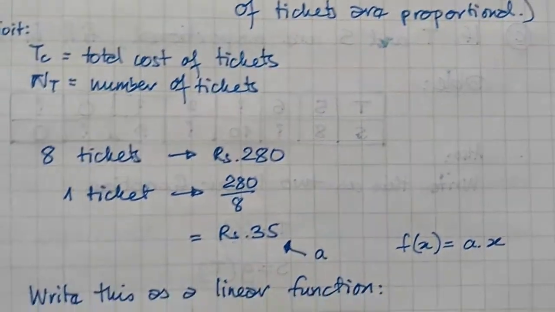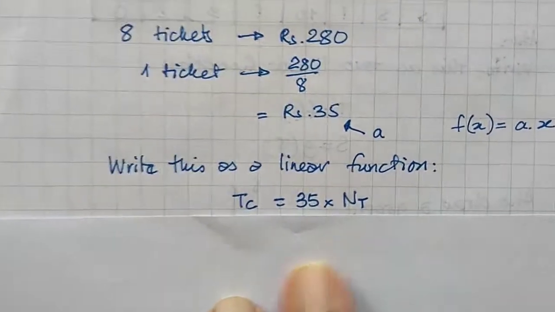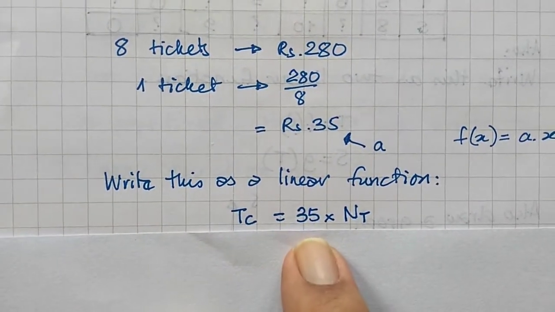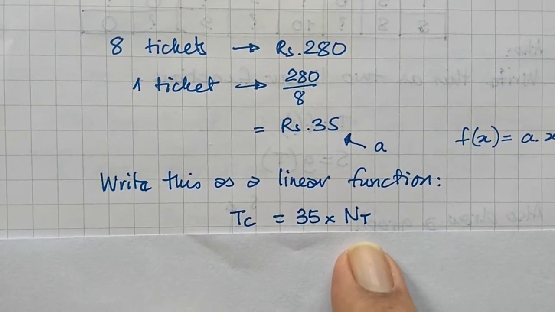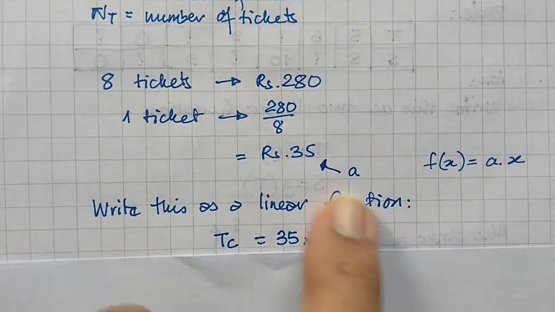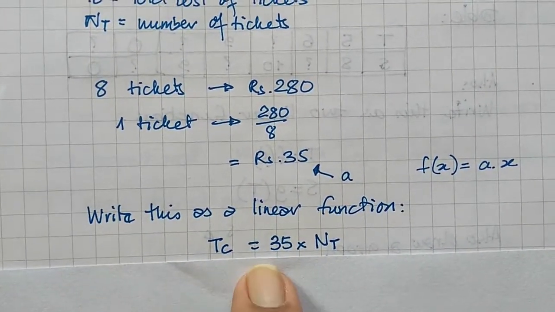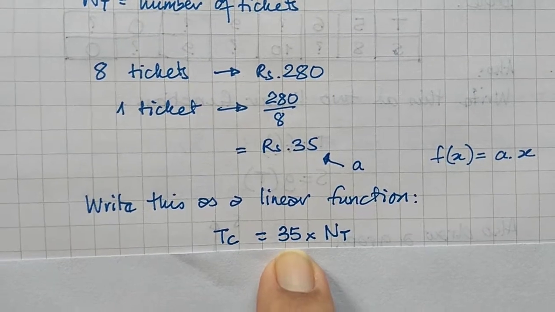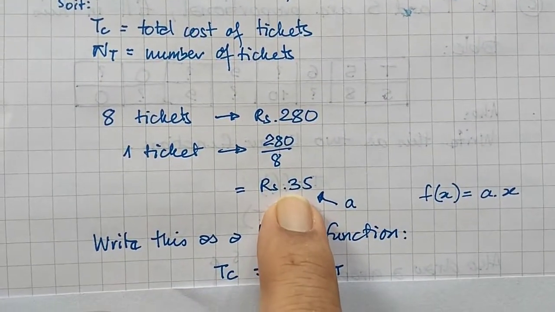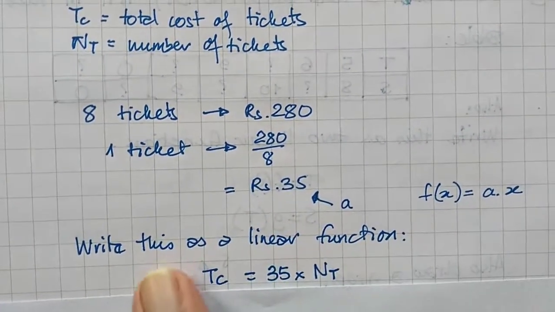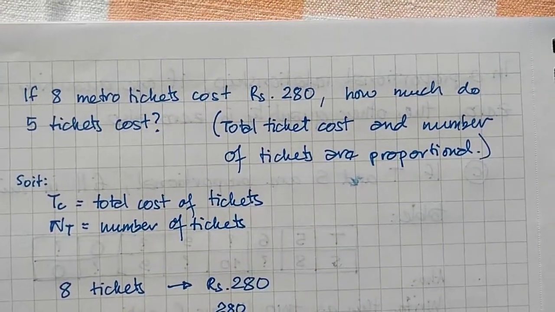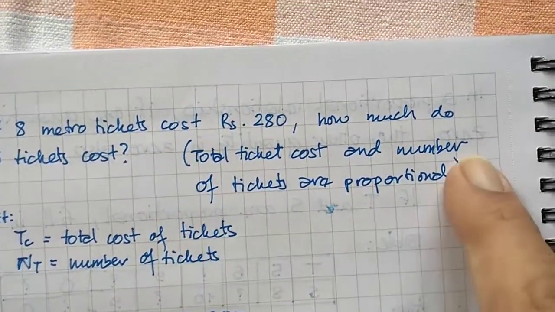If we write this as a linear function, it looks like that: TC = 35 times NT. This is very simple, very intuitive. Total cost is equal to number of tickets into 35 rupees because each ticket is 35 rupees. So this is a linear function which represents this proportionality.